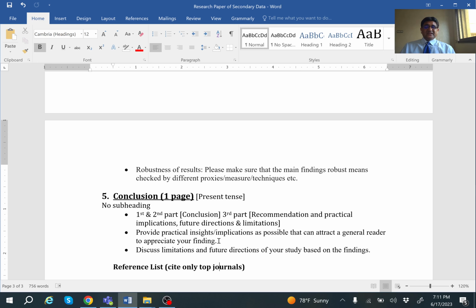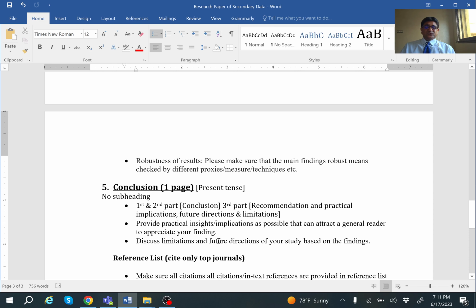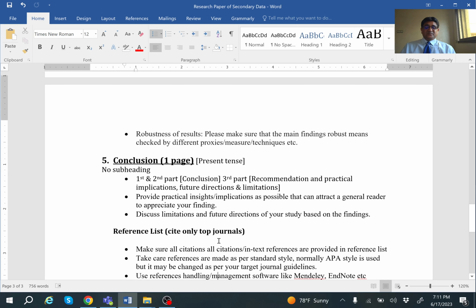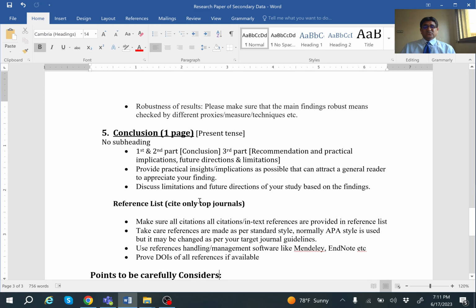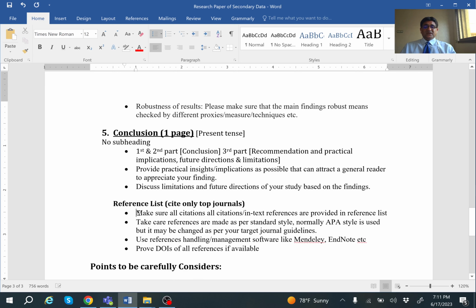After providing the conclusion, we need to provide the reference list. Remember, you need to cite only top journals, not rubbish journals. So we need to cite the top journals.